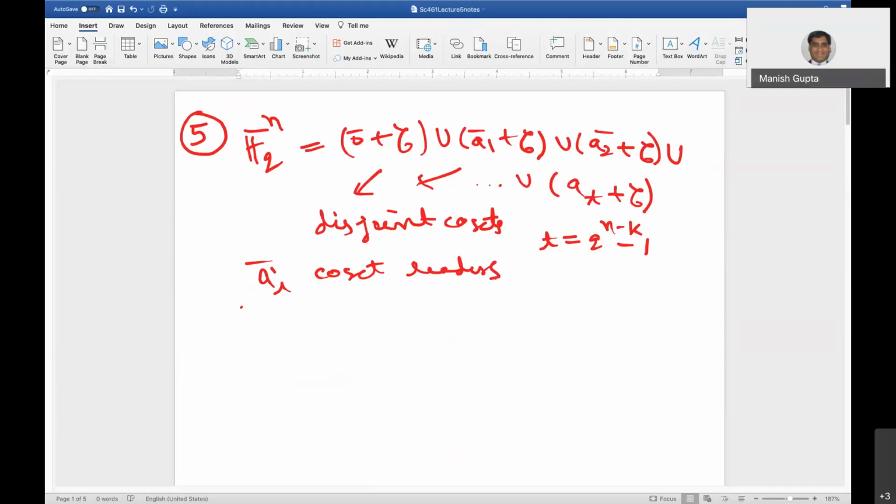Before that, I think I have to cover a couple more things, like the parity check matrix and so on.